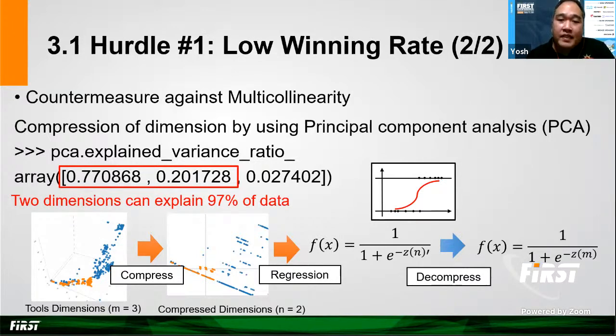We thought that if we could truncate the remaining percentage and perform regression analysis to restore the original dimensions, we would be able to obtain results that were not affected by multicollinearity.